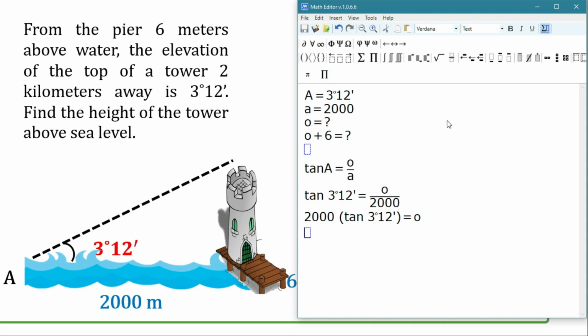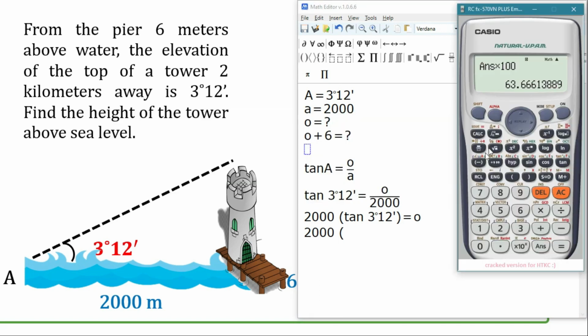And then, simplify. What is to be simplified? Isimplify muna natin si trigonometric function. So, that is 2,000 multiplied by the tangent of 3 degrees and 12 minutes. By the way, you can actually convert DMS to decimal degrees first kung gusto ninyo.